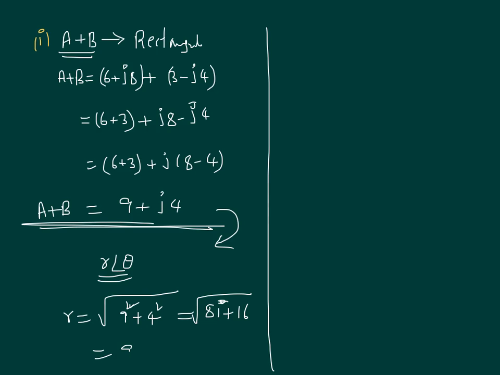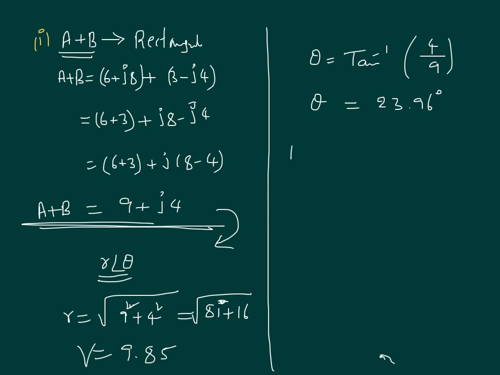That equals 9.85 for r, and theta equals tan inverse of the y component by the x component, b by a, 4 by 9, that equals 23.96 degrees. So a plus b equals 9.85 at an angle of 23.96 degrees, which is the answer for a plus b.